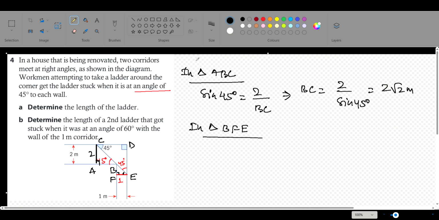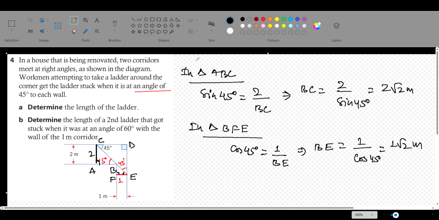Angle BEF is 45, and here I'm going to use, because I have the adjacent given, which is 1, so I'll use cos 45 is equal to adjacent over hypotenuse, which is BE. So therefore BE would be 1 over cos 45. Cos 45 is also 1 over root 2, so it is 1 root 2 meter.